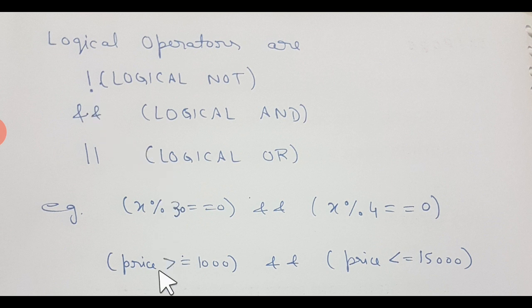Like here you can see price is more than equal to 1000 and price is less than equal to 15,000. Means if the price ranges between 1000 and 15,000, that is the simple meaning of this expression. And now here two things are there. If x is divisible by 30 and x is divisible by 4 also. Alright. So for divisibility we use the mod operator. Anyways, we'll discuss that in detail.